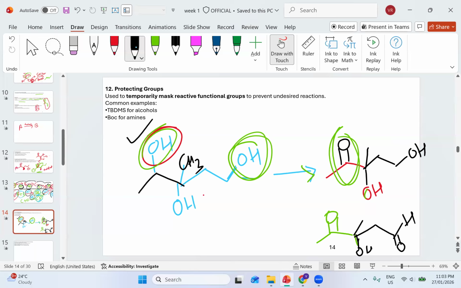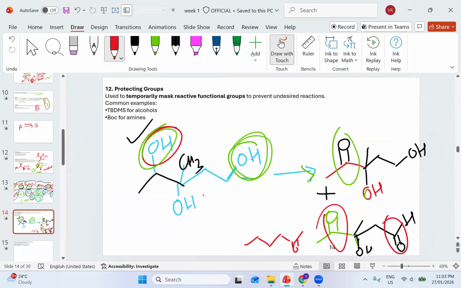So we can get a mixture of products, right? We can get either oxidation of this alcoholic group, or maybe oxidation of this as well. Both can also oxidize, or we can get the product in which only the aldehyde, which is the most reactive, is getting oxidized. So we get a mixture of products.